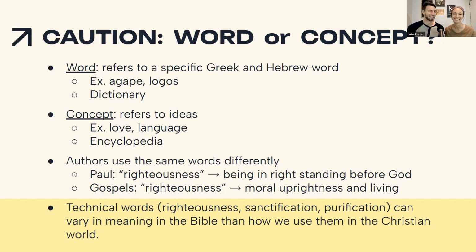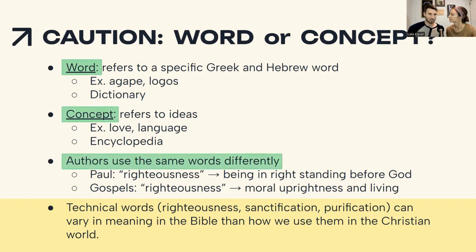I think that's helped me conceptualize: am I talking about a word or am I talking about a concept? Both are good goals for different reasons, but why are you going to it? It's important.